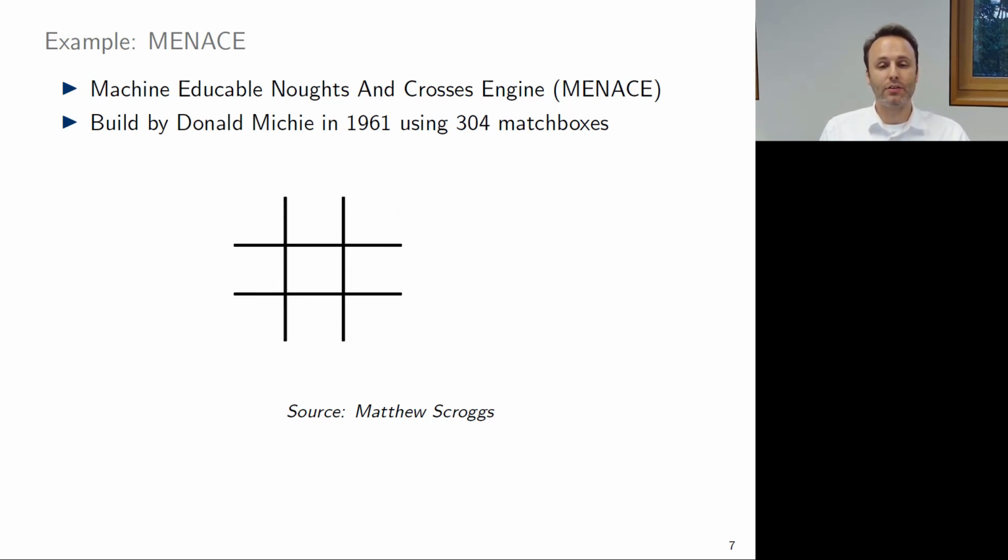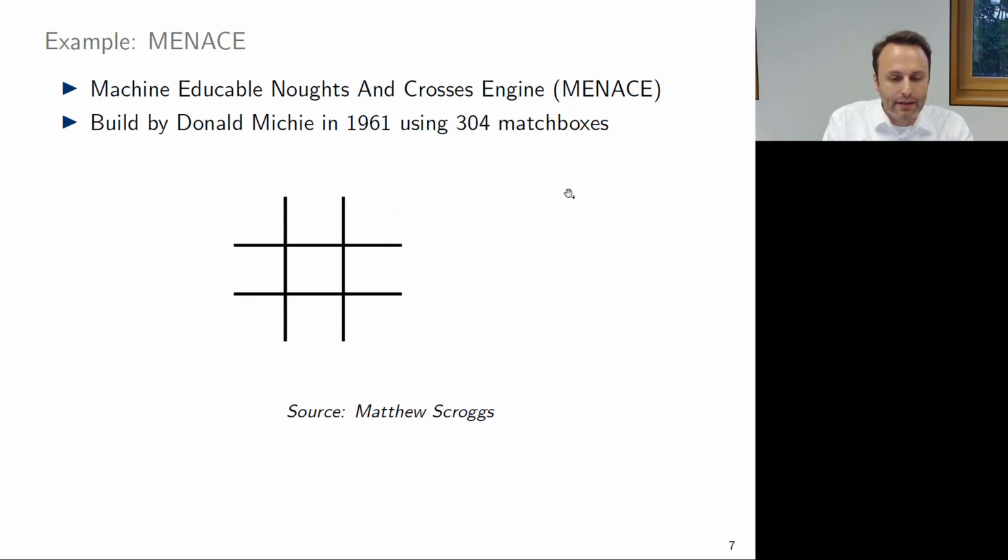And that machine could learn to play tic-tac-toe, or noughts and crosses. And he actually used 304 matchboxes to do that learning. Machine educable, well, that's just machine learning from the 1960s.